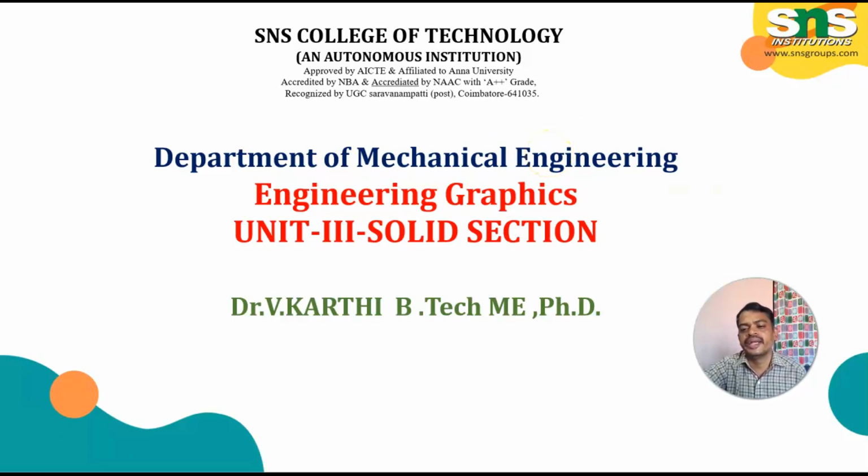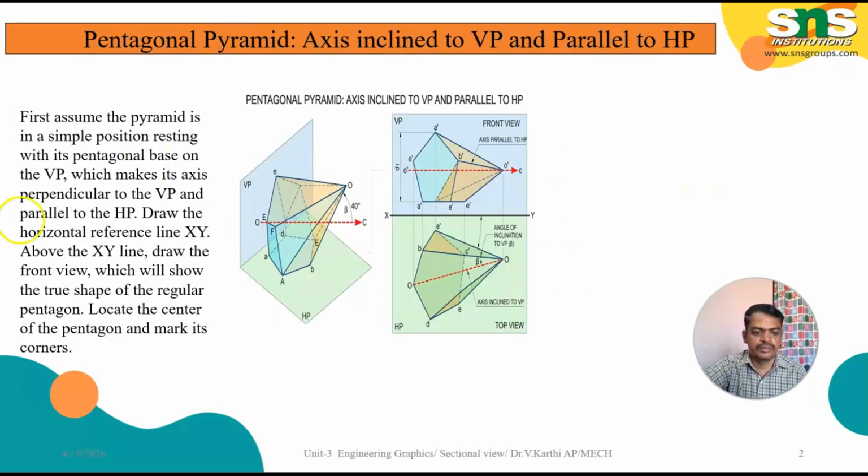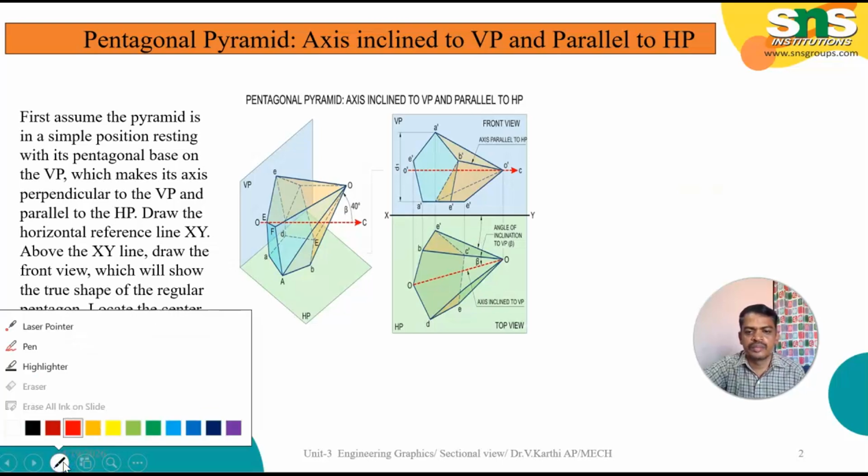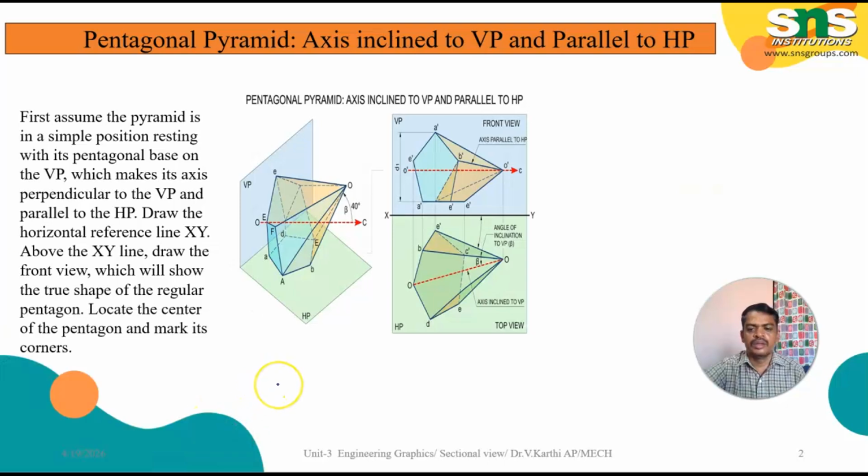Today we see the pentagonal pyramid with axis inclined to VP and parallel to HP. So, introduction: pentagonal pyramid with axis inclined to VP and parallel to HP.